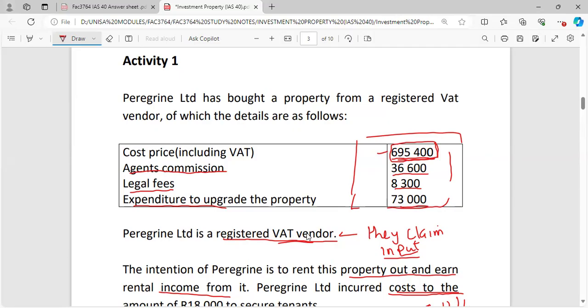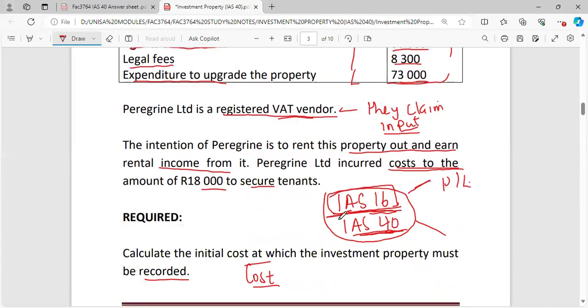So this is going to be the cost of the investment property. Then this one is now going to profit and loss as an expense. It's not part of the cost of the investment property.